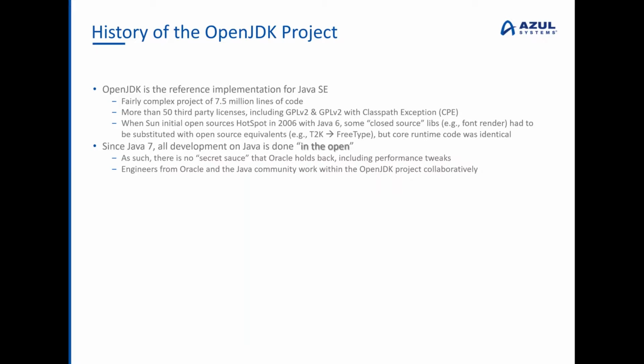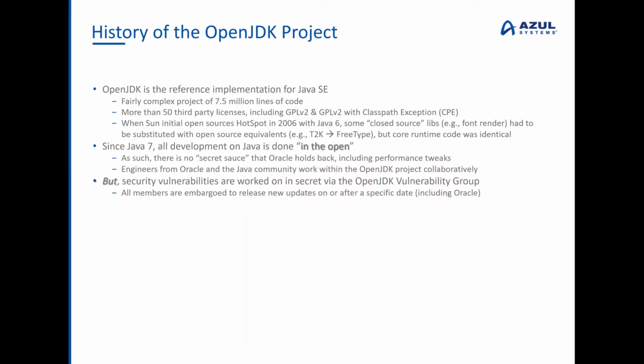And the answer is no. Oracle, the steward of Java, has done a very admirable job of doing all development in the open. In fact, Oracle engineers and the Java community work together in collaboration right now as they prepare for Java 15, which will be available in a couple of weeks. And I think that's a very important statement.